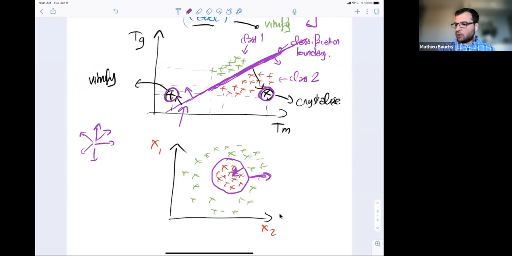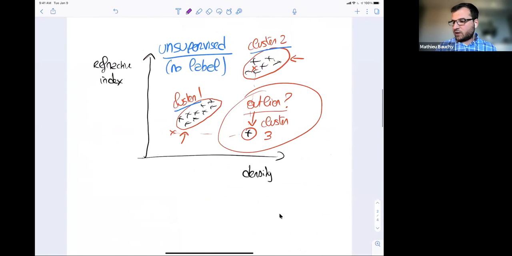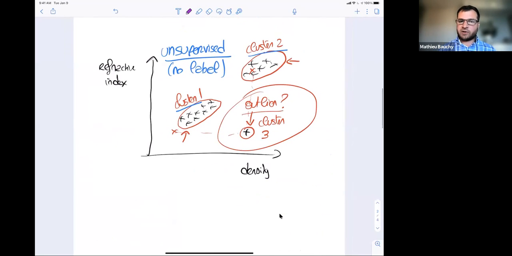Mm-hmm. The unsupervised, it depends on 2 things. It depends on what your objective is, and it depends on what information you have. For example, if you have a list of glasses, but you don't know if those glasses crystallize or vitrify, then you would not be able to use supervised learning, because you don't have a data set for which you already know if those glasses are going to form glasses or crystallize.